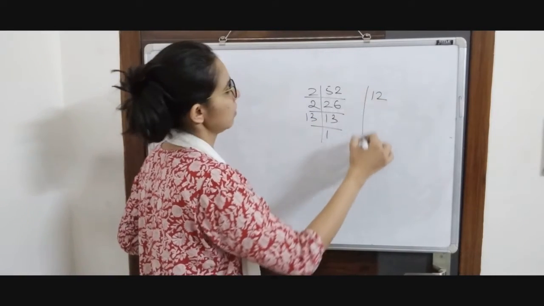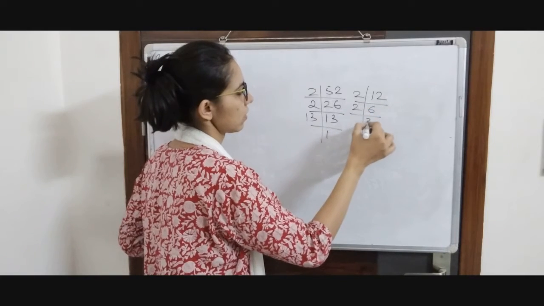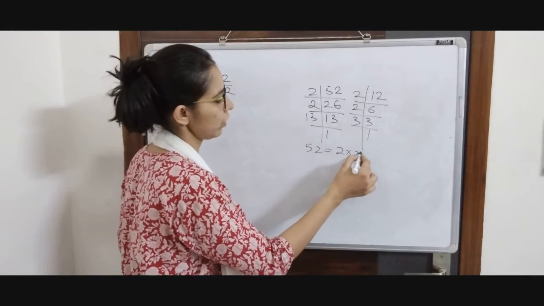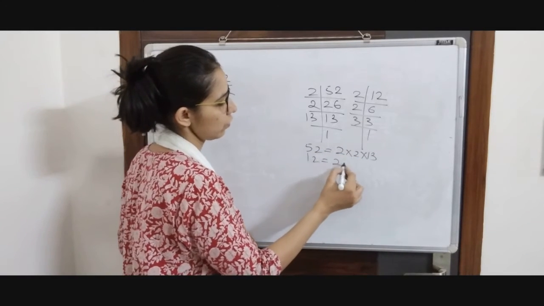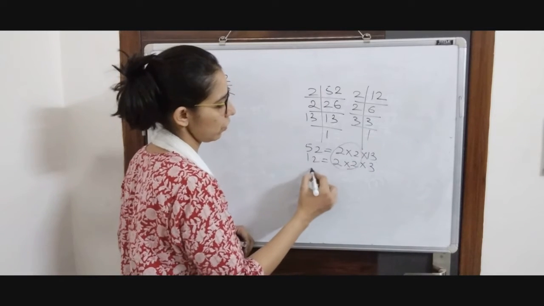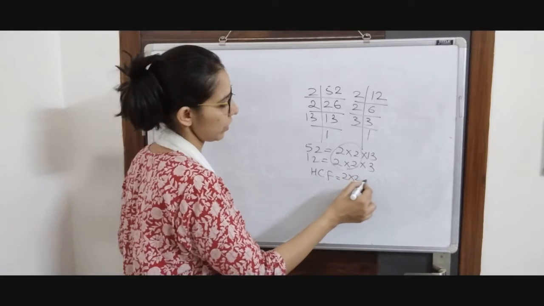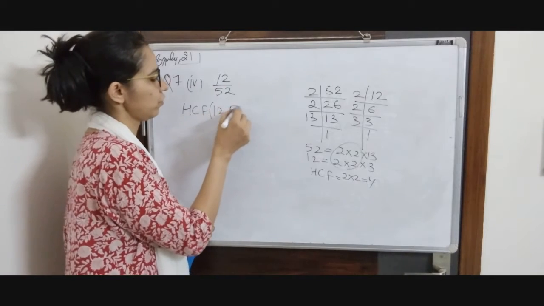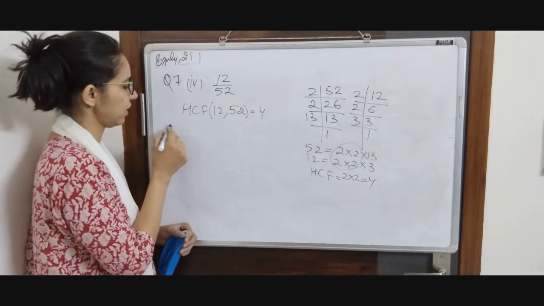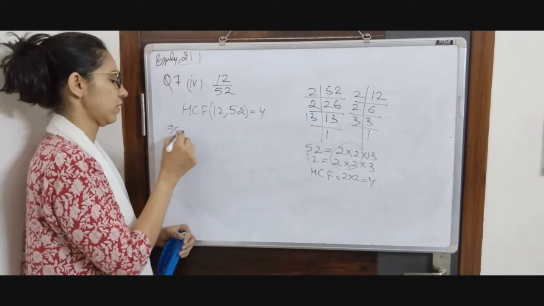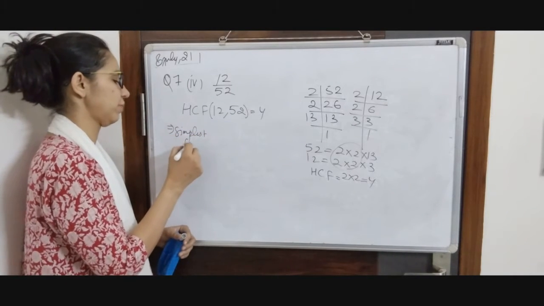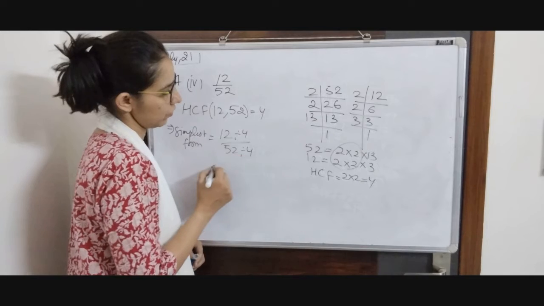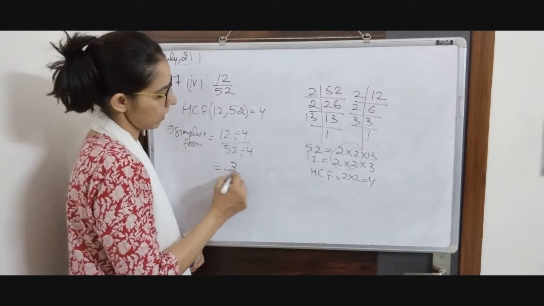So 52 is 2 into 2 into 13 and 12 is 2 into 2 into 3. Okay. So your HCF is going to be 2 into 2, that is 4. So we are going to divide. HCF of 12 and 52 is 4. Implies simplest form is 12 by 4, 52 by 4, which is going to be 3 by 13.